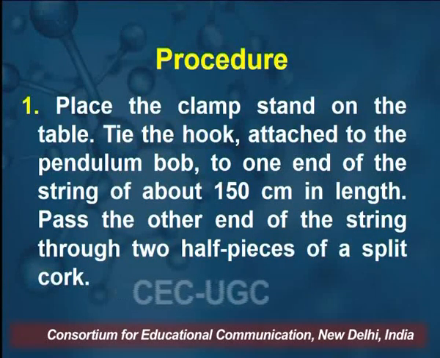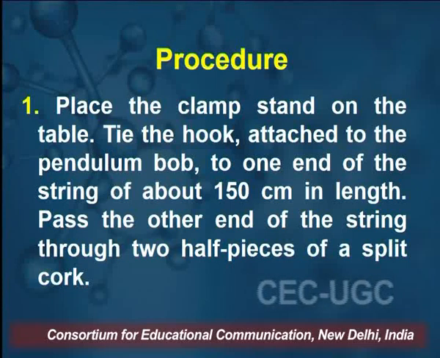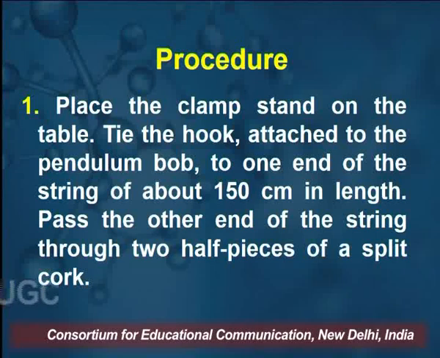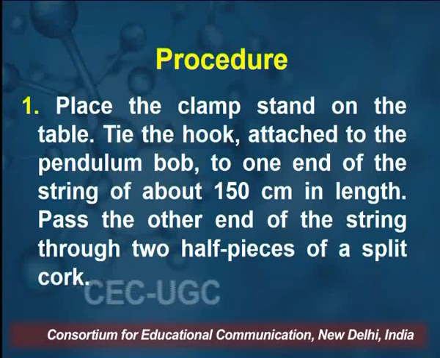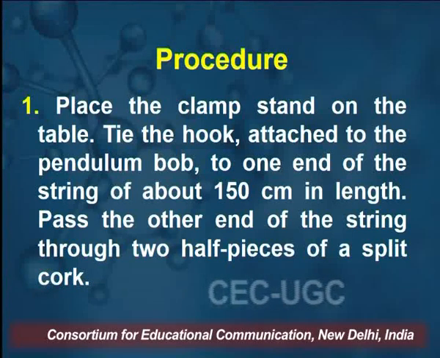This is very simple. We place a clamp stand on the table, tie the hook attached to the pendulum bob to one end of the string, which is about 150 centimeters in length, then pass the other end of the string through half a piece of the split cork.